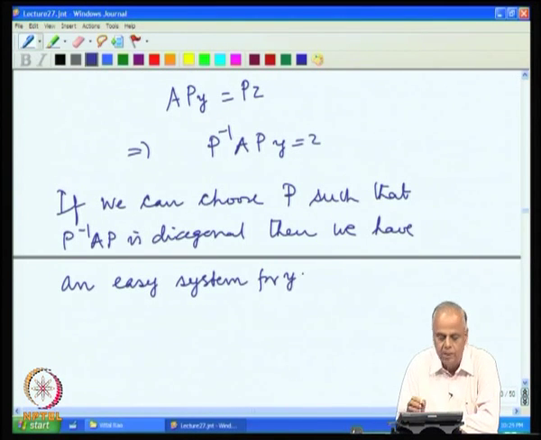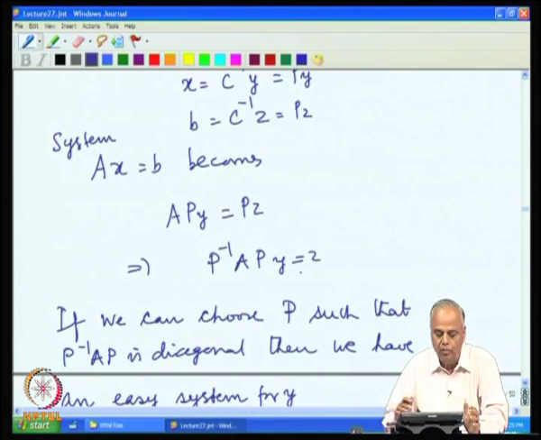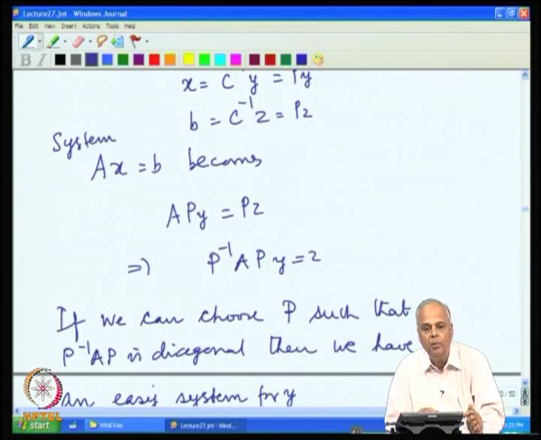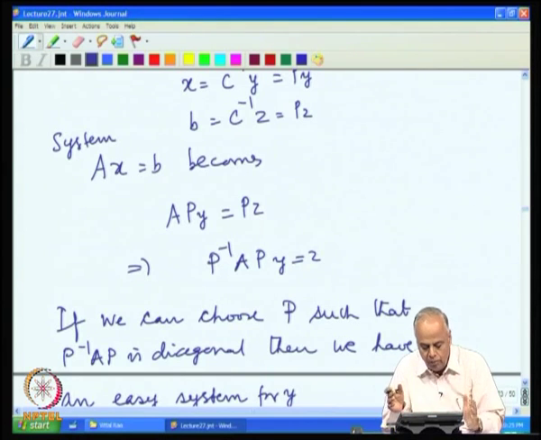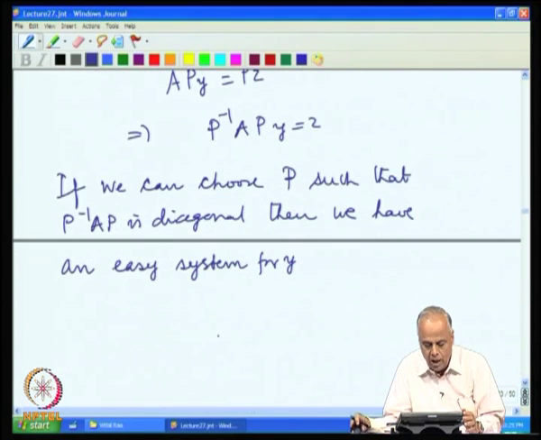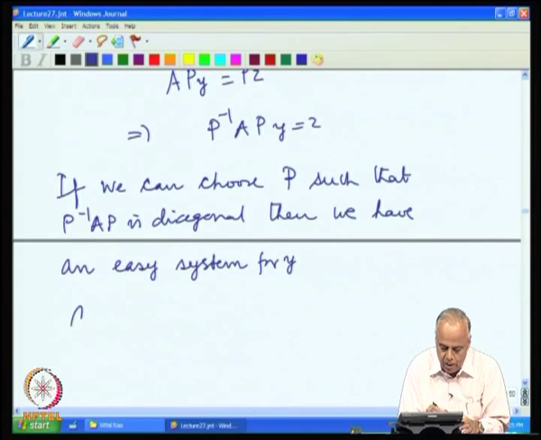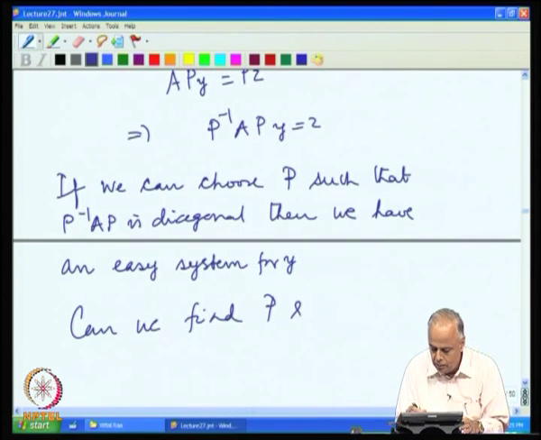We have a diagonal system for y, and therefore we can analyze y, and once we analyze y, we know the information about x. So, the main question is, can we find a P such that P inverse A P is diagonal?